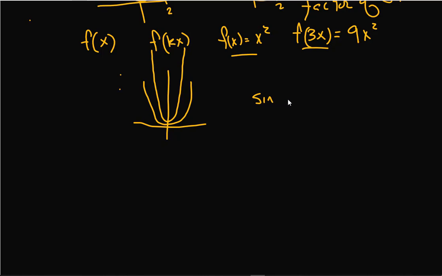Okay, let's think about the same kind of thing when we're talking about the sine of x. So the sine of x versus the sine of, let's say, 2x. So what is this going to do? Again, the sine of x starts out at 0, and when does it reach 0 again?